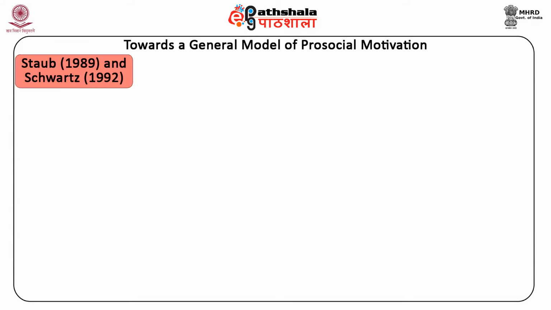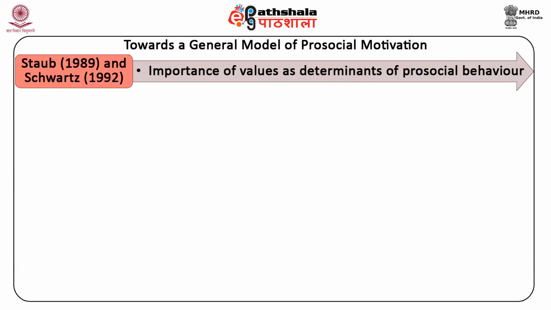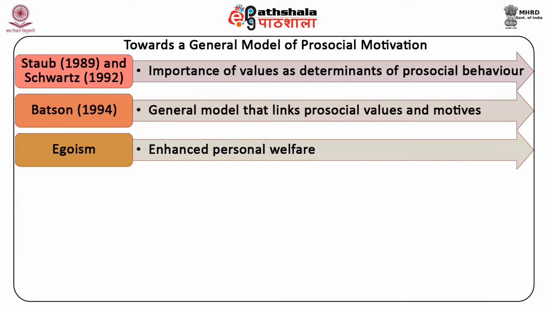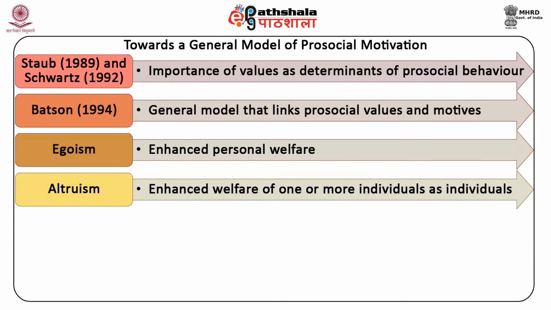Staub and Schwartz have for many years emphasized the importance of values as determinants of prosocial behavior. Batson has proposed a general model that links prosocial values and motives. The value underlying egoism is enhanced personal welfare. The value underlying altruism is the enhanced welfare of one or more individuals as individuals.